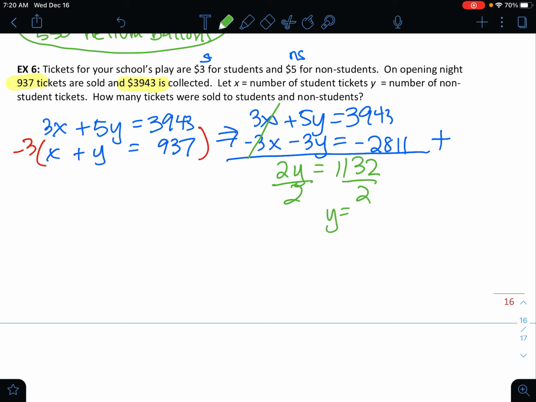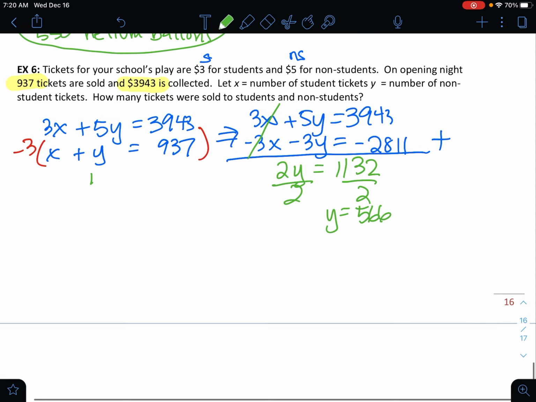So my Y value is 566. So 566 is the non-student tickets. I'm going to come back up here and plug in 566 for Y. So if I need to get up to 937, let's figure out how many are left over. You could think about solving this by subtracting that from both sides, or what I'm doing is taking my total, 937, and removing the non-student tickets.